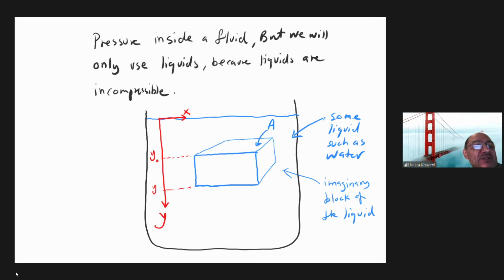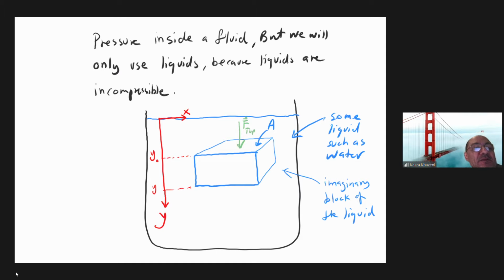That means that whatever the force on top of it is, obviously there's a force on top of it pushing it down.